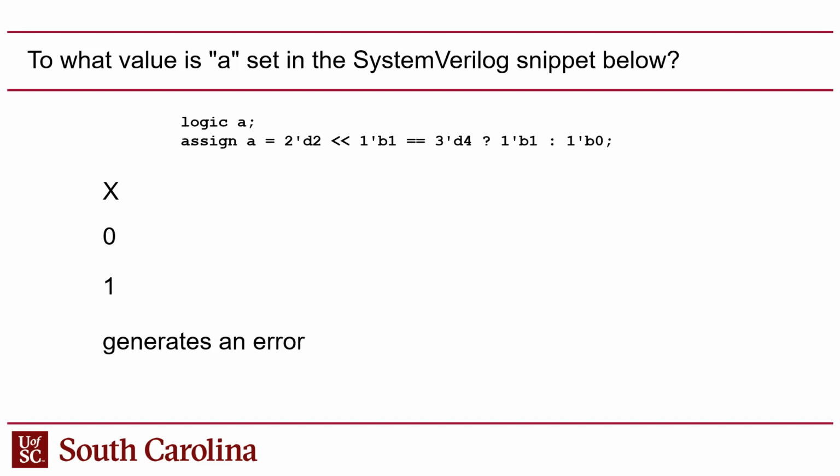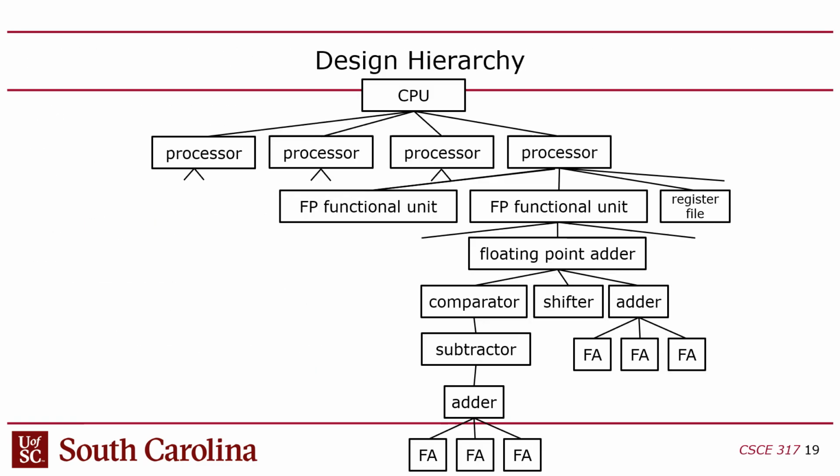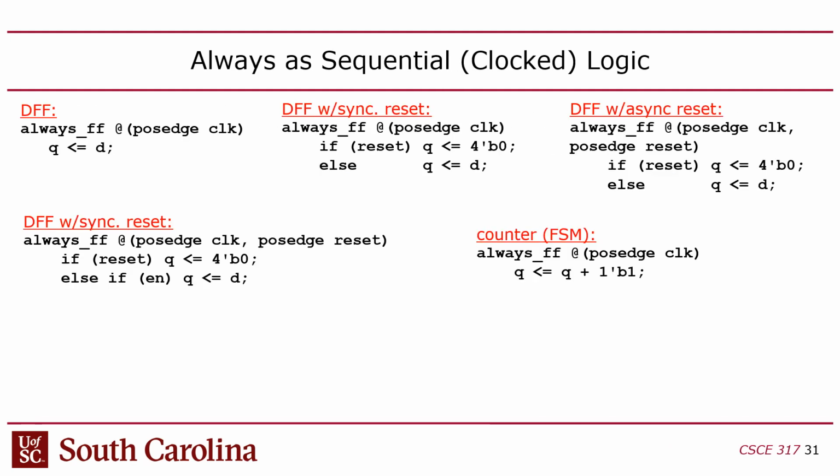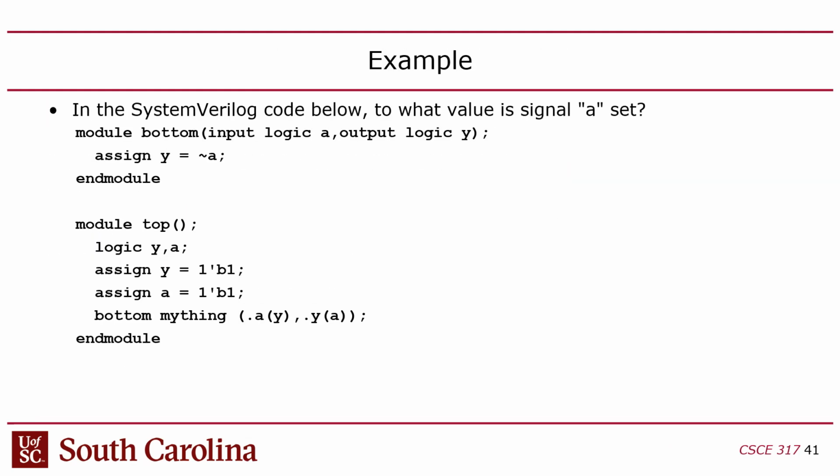Okay, so now if you look up the operator precedence, the shift will happen before the double equals, which we can confirm here if we look at the table. Yeah, there it is.